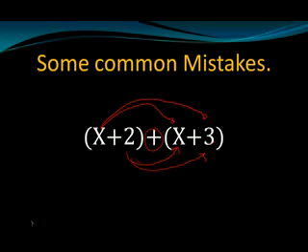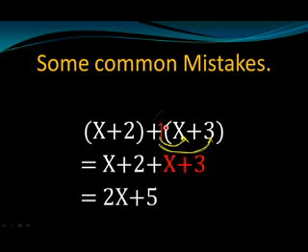You have to know mathematically that whenever something is like that, you have an invisible 1 here. So you take this 1 and multiply it here. 1 times x gives you x. 1 times 3 gives you 3. Then you collect the like terms. x plus x gives you 2x, and 2 plus 3 gives you 5. So this will be your answer. Please do not make that mistake.